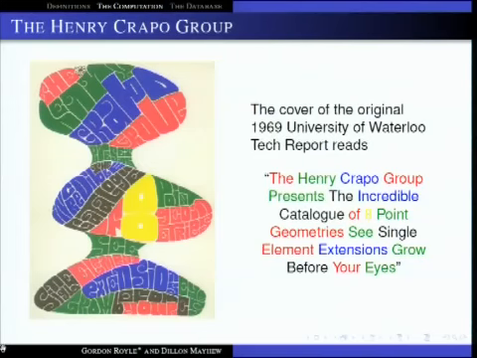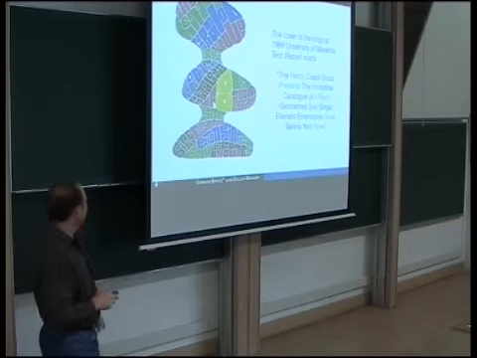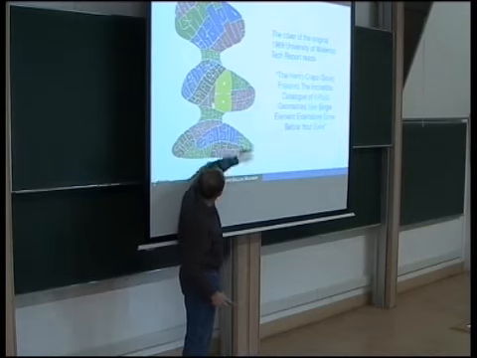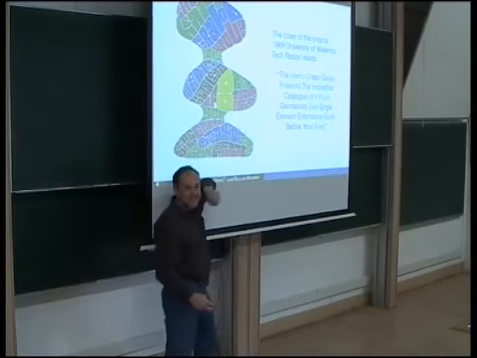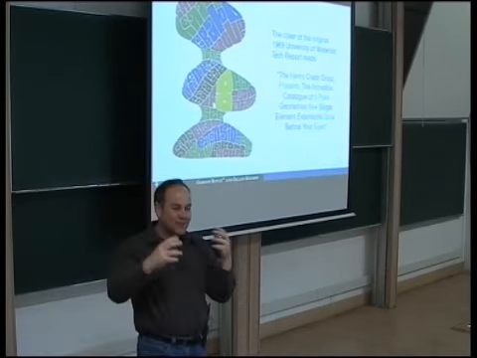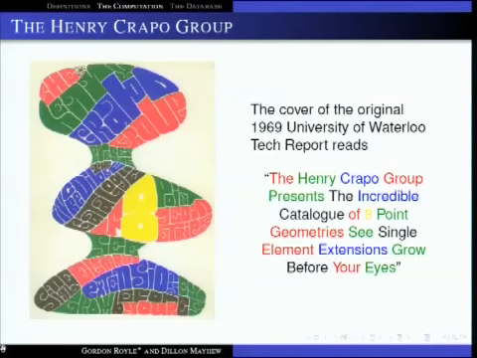Yeah, The Henry Crapo Group presents the incredible catalogue of 8-point geometries. See single element extensions grow before your eyes. Here's eyes, E-Y-E-S, and the yellow thing is 8. It's all done in sort of psychedelic 60s lettering. It is really 60s. That's awesome.